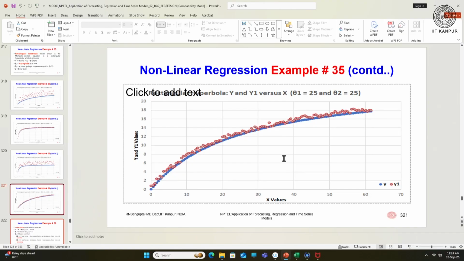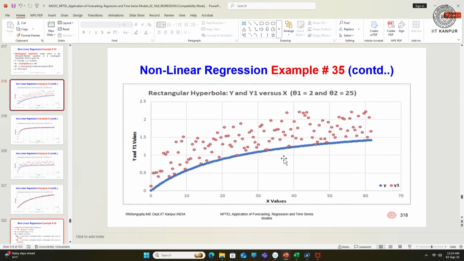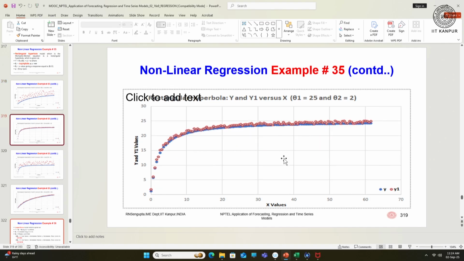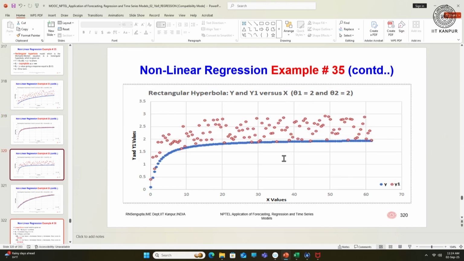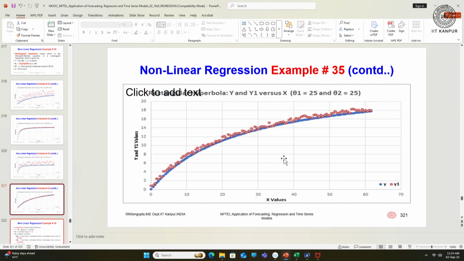the type of fit, the decrease of the error, is predominantly being dictated by the value of theta 1 rather than theta 2. If you would have noticed, if I go back, theta 1 small, theta 2 large, not a good fit; theta 1 large, a good fit.